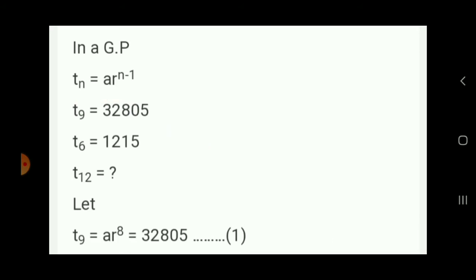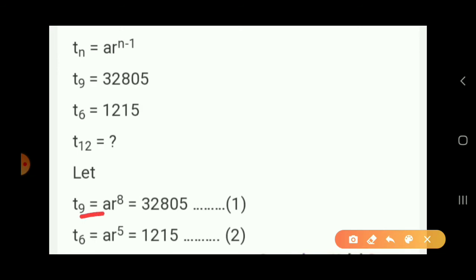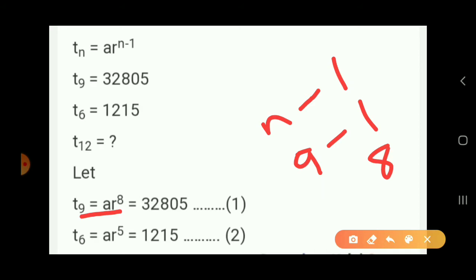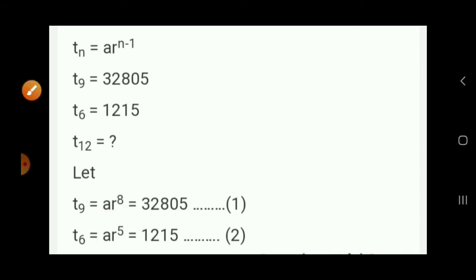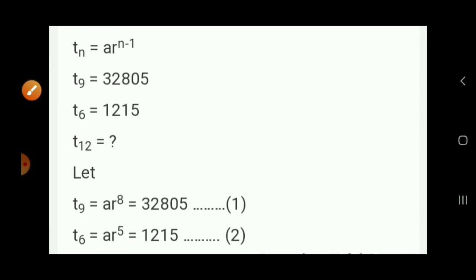T9 is A R power 8, because n minus 1, so 9 minus 1 is 8. So A R power 8 equals 32,805. And T6 is A R power 5 equals 1,215. So this is equation number 2. With these two equations we solve the next steps.